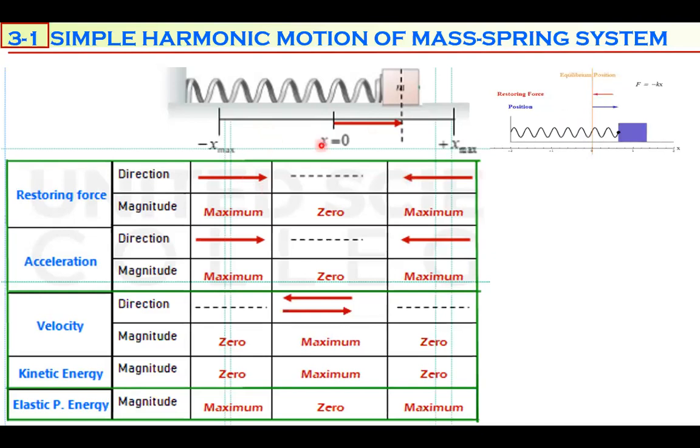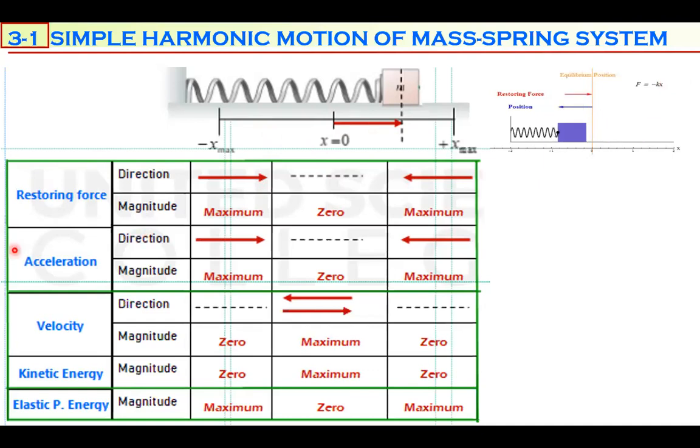So first, we should know that restoring force is always in the opposite direction of displacement. Here, no displacement, no restoring force. As displacement increases, restoring force increases because F is equal to negative kx.